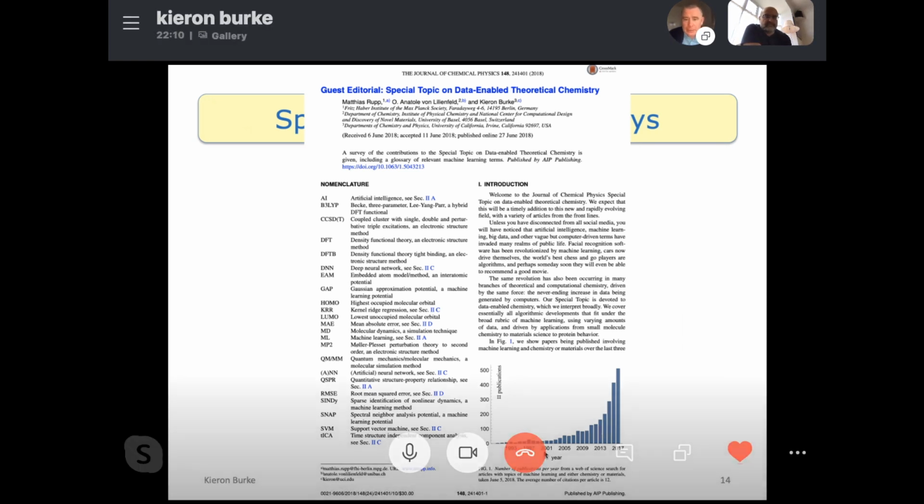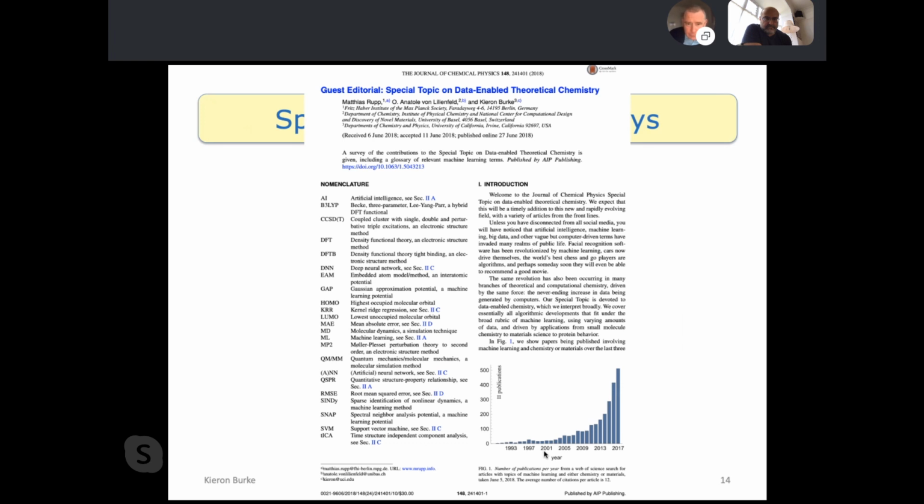And we see again, down at the bottom right here, the number of publications of machine learning in chemistry or materials. And of course, this is already, I'm sure, way out of date. You also notice the average number of citations per article is 12, which is not bad for a topic that's only recently appeared, right?